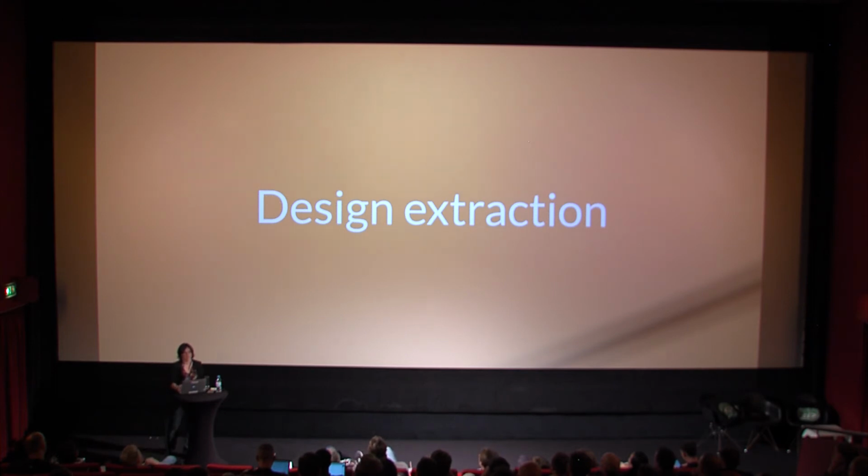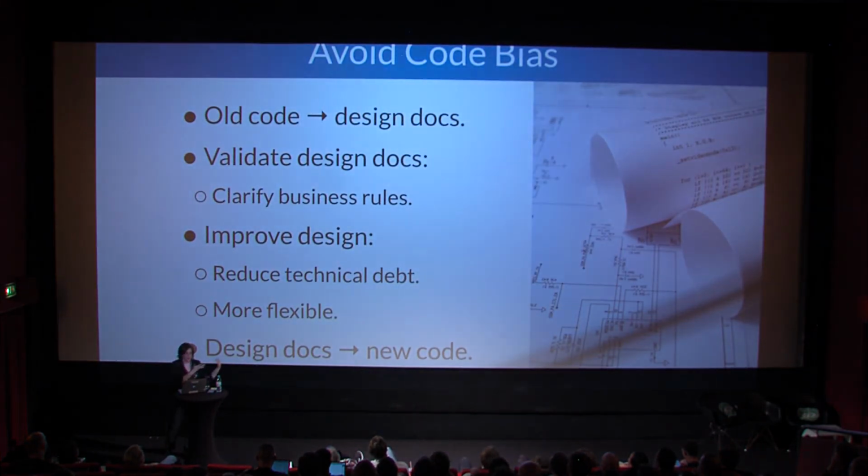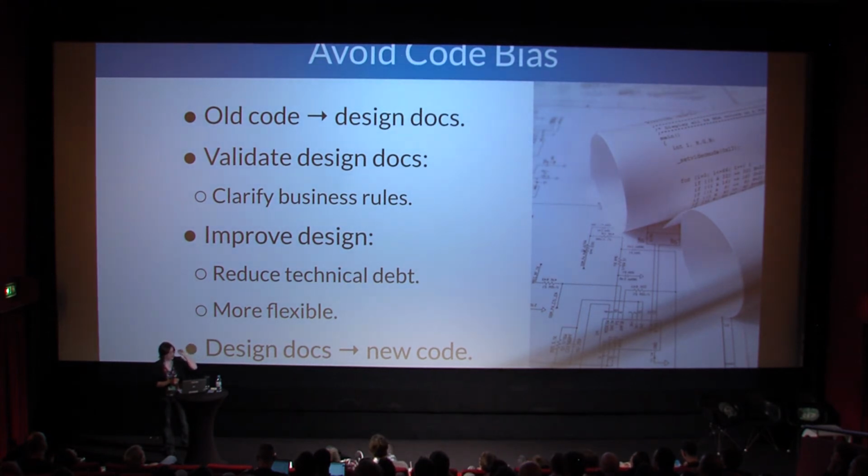So to avoid that, and to avoid copying bad architecture into a new framework, you do design extraction. What you do is you take the old code, and from that you write the specification. Even if it's flawed, it's fine. You just write the specification of how the code is working right now.